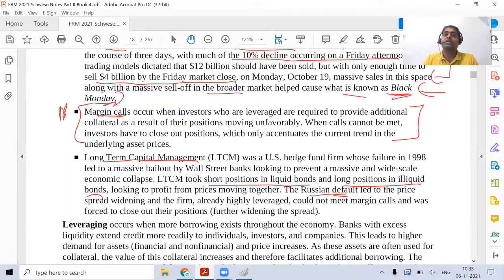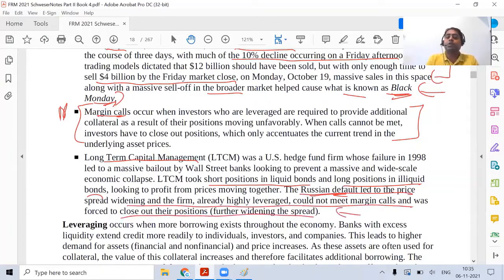What was economic leverage? Brokers were not asking for initial margin from these traders, so they had money to take on extra trades. Because of this high leverage, when there was a margin call because of the loss, they did not have money, and I think within the first month they lost around 40% of their equity. That is also highlighted over here.